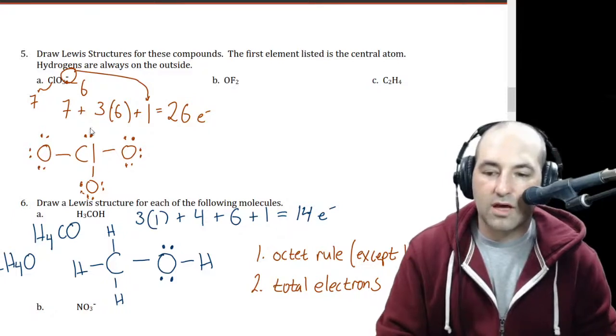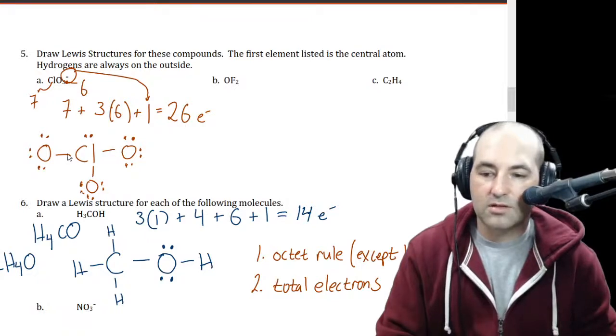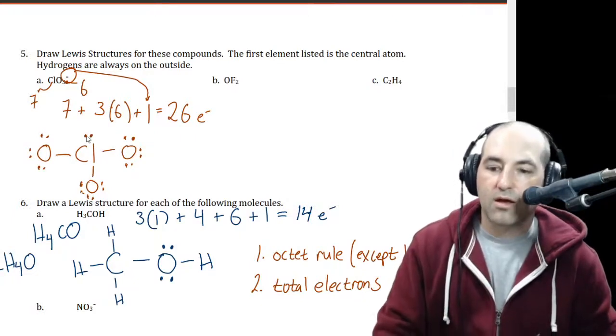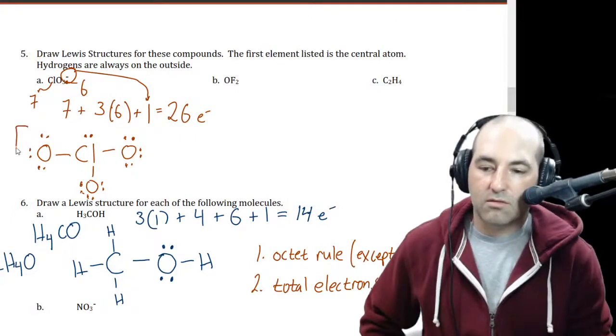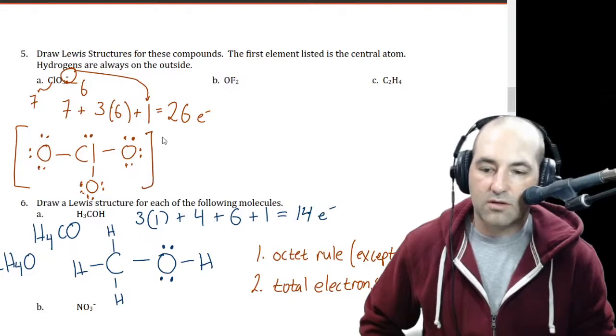All right, so let's check that one more time. We've got 26 electrons. So that works. And then because this is a negative charge, we usually always do this too.